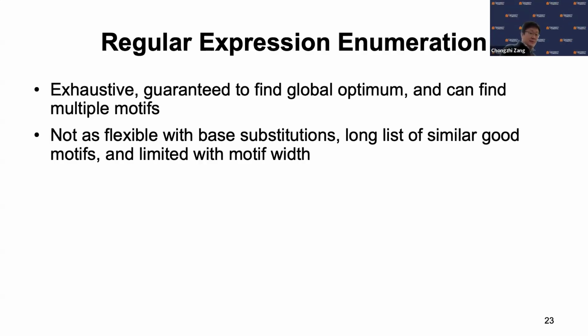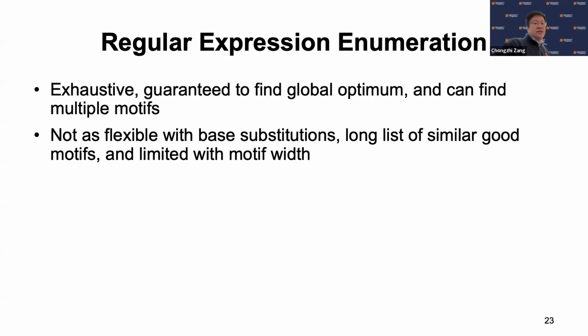But there are certain limitations. They are not as flexible with base substitutions. Like we mentioned before, this just directly uses a consensus sequence representation or regular expression approach of representing different motifs. So it's not flexible if we change slight differences at certain base pairs.